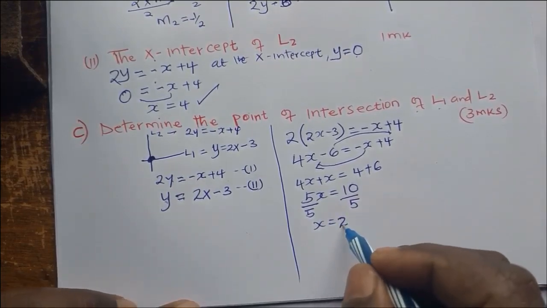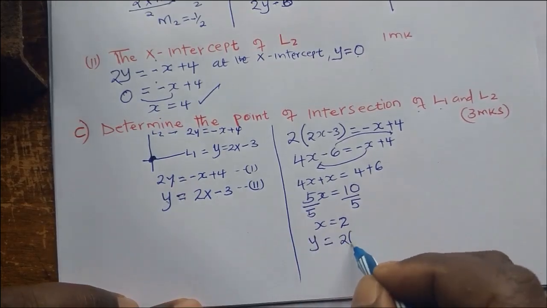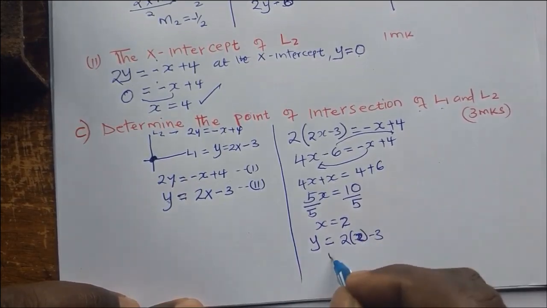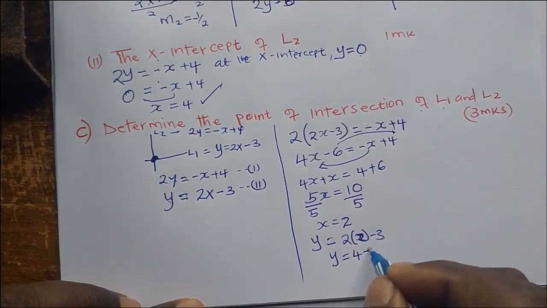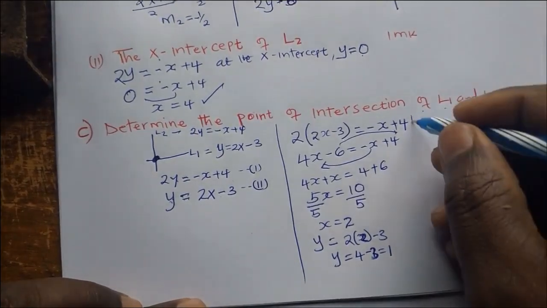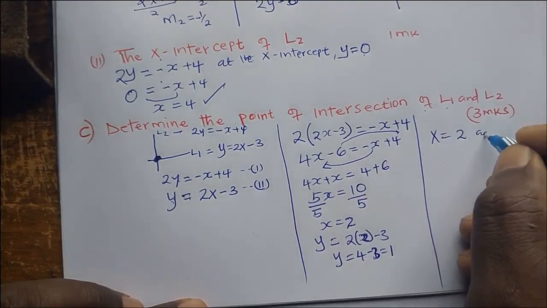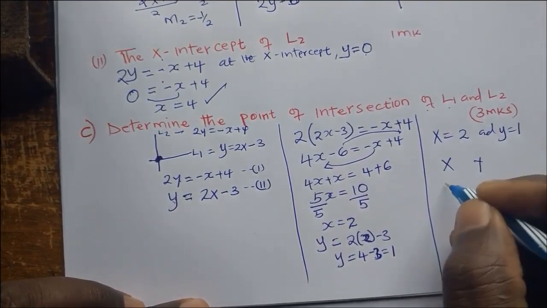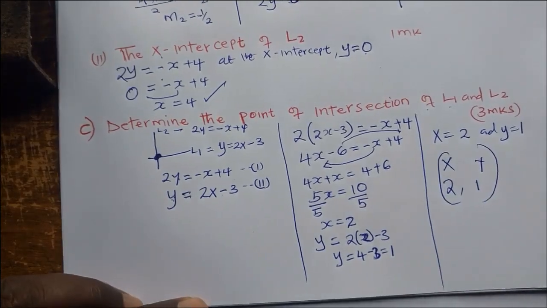So if x is equal to 2, then y is equal to 2x minus 3, which is 2 times 2 minus 3. Therefore y equal to 4 minus 3, and the answer is 1. So the point of intersection will be x is equal to 2 and y is equal to 1. Therefore the point x, y is 2, 1. That is the point of intersection.